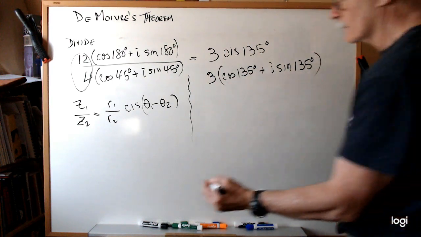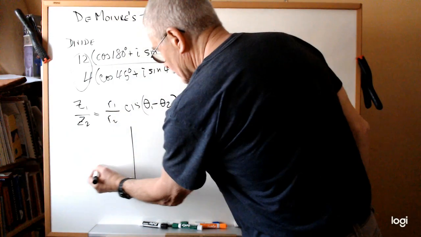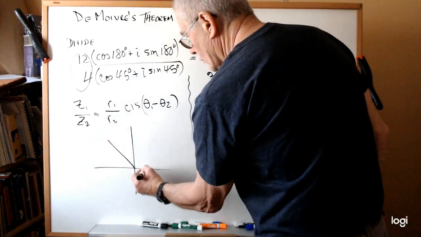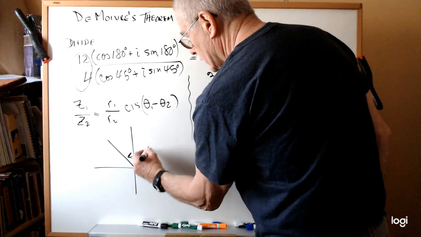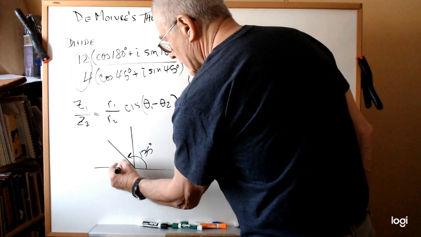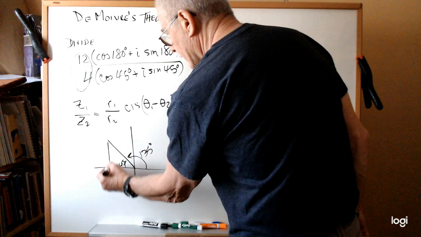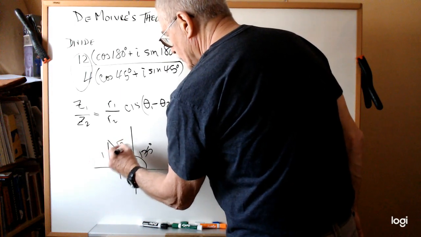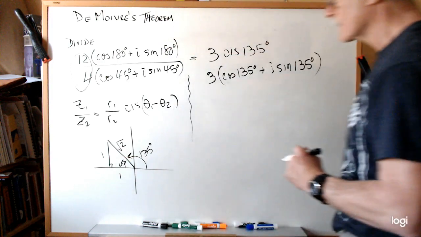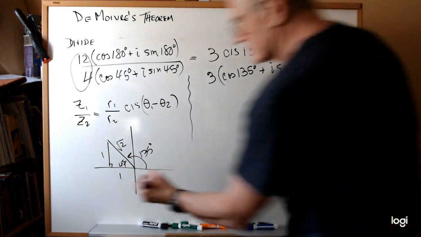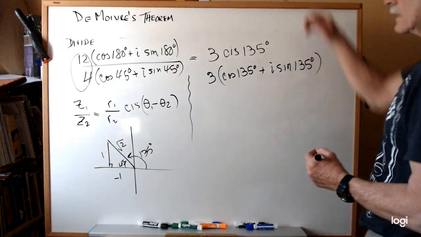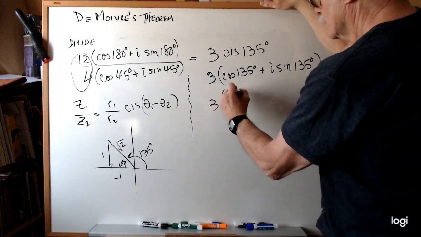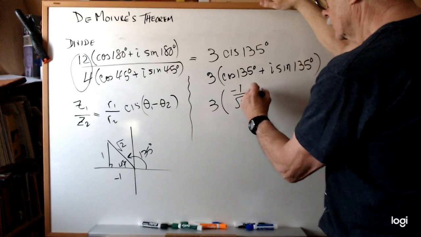I'm supposed to know 135 degrees is in quadrant 2. We know the reference angle is 45, and that makes a 1, 1, radical 2 right triangle. This of course would be negative. So the cosine of 135 is negative 1 over radical 2.